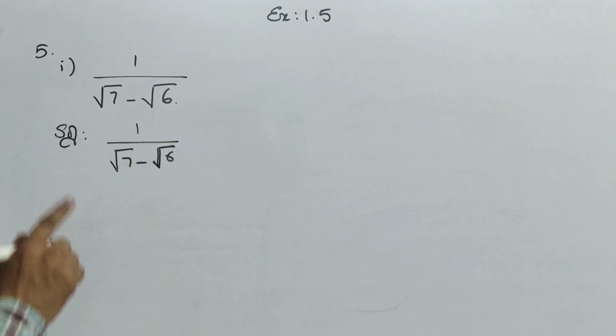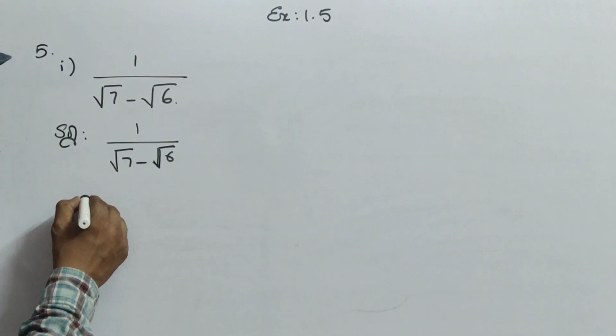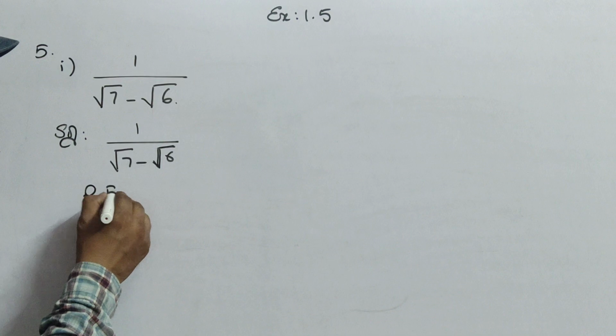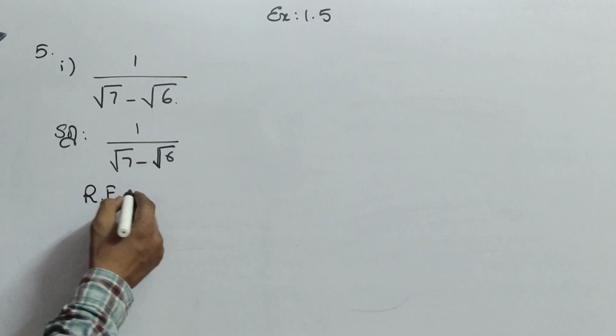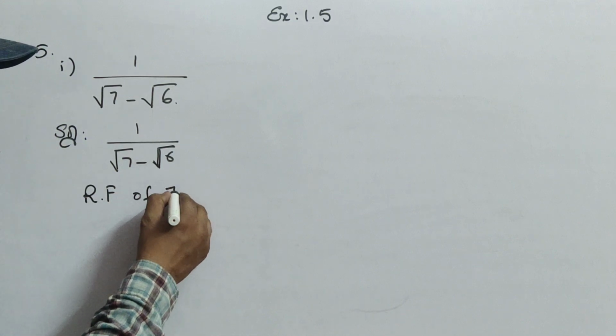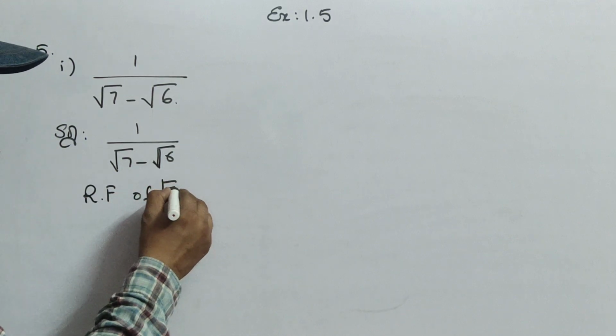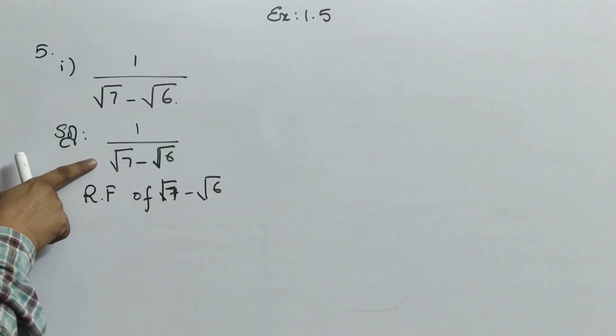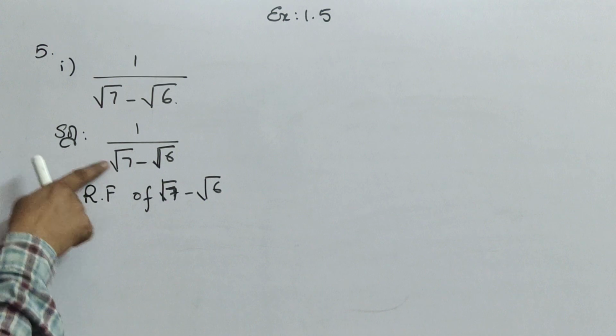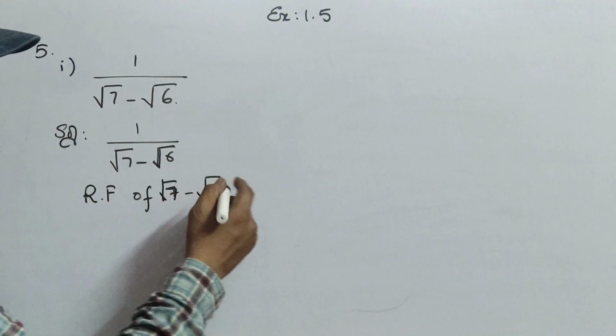So at that time what to do? Right here, the rationalizing factor, as I discussed now in this class only, what the rationalizing factor is. The rationalizing factor of root 7 minus root 6, that is the denominator. What is the denominator here? Root 7 minus root 6.